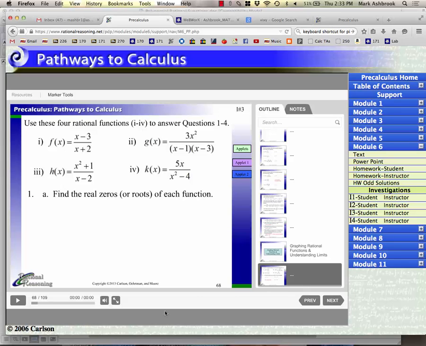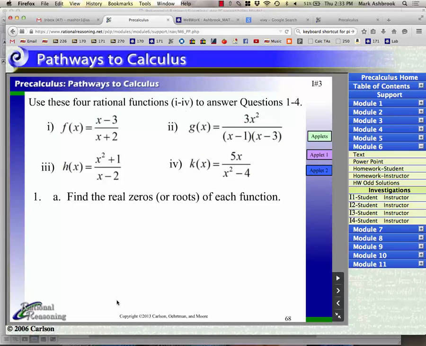Okay, what we're going to do is find the effective leading term for each one. So we're going to determine just the end behavior. Okay, so we're just interested in end behavior here.